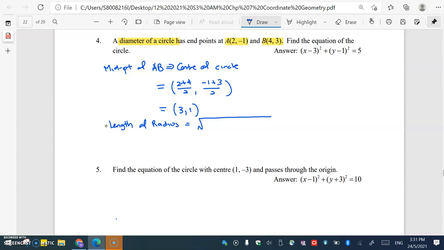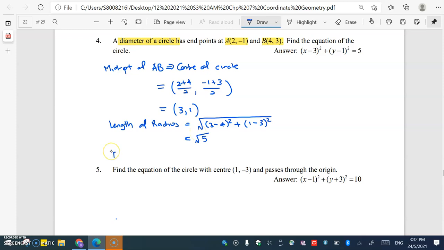Length of the radius, so I have x plus 4 squared, no, x minus 4 squared, sorry. In this case, (x minus 4) squared plus (1 minus 3) squared. If you do your calculation, the length is square root 5.